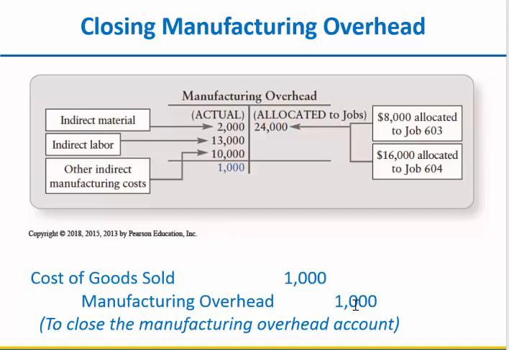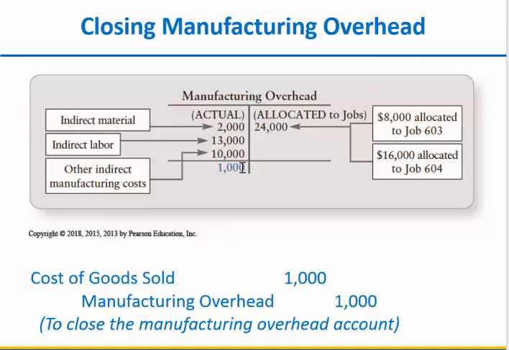You look at what the balance is. If it's a debit, I'm going to post a credit to close it. If it's a credit balance, I'm going to post a debit. Then you go from there to figure out the CGS: should I go with the CGS debit or credit? Whatever you choose, you have to make sure this journal entry is balanced.